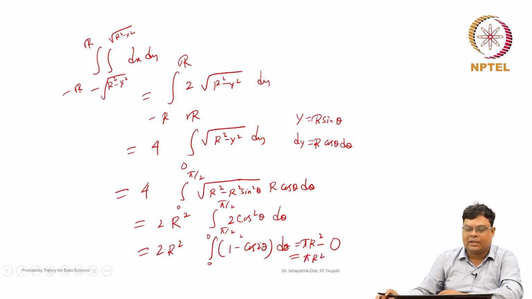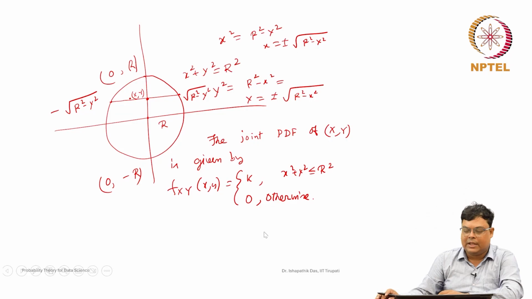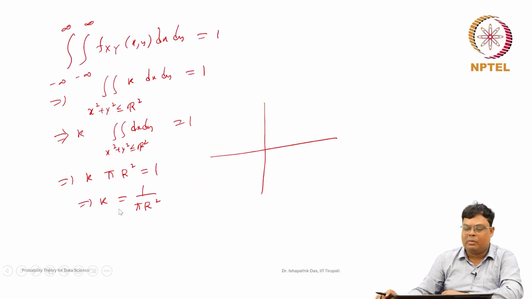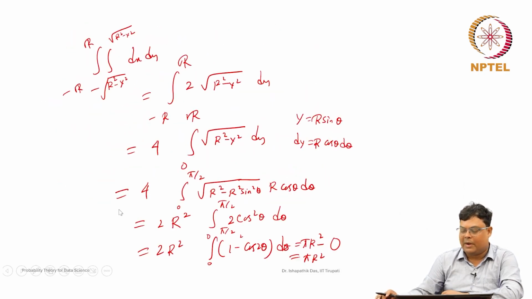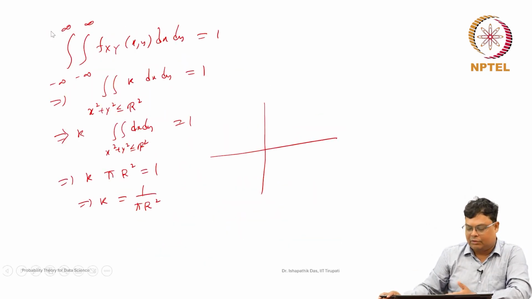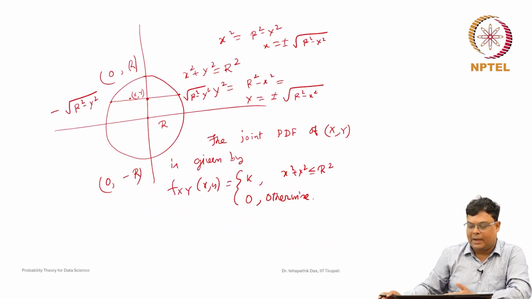Why did we do this integration? Because we need it for the next problem: find the marginal probability density function of x and y. Note that pi r square is the area of the circle we found, so k becomes 1 by pi r square.